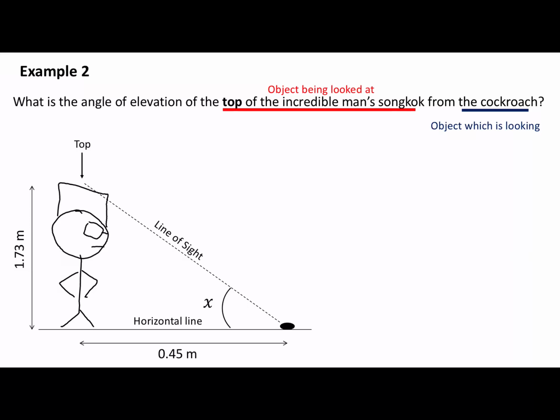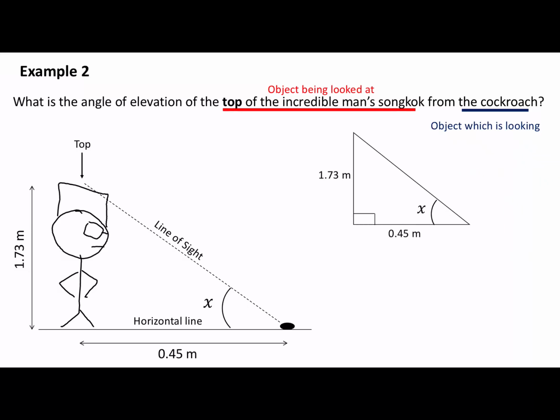Now what did we learn from the previous example? With the angle of elevation, you can construct a right angle triangle. Do you see a right angle triangle here? Yes. I simplified it with this diagram. Now in example 1, the unknown was height. In this example, the unknown is the angle.